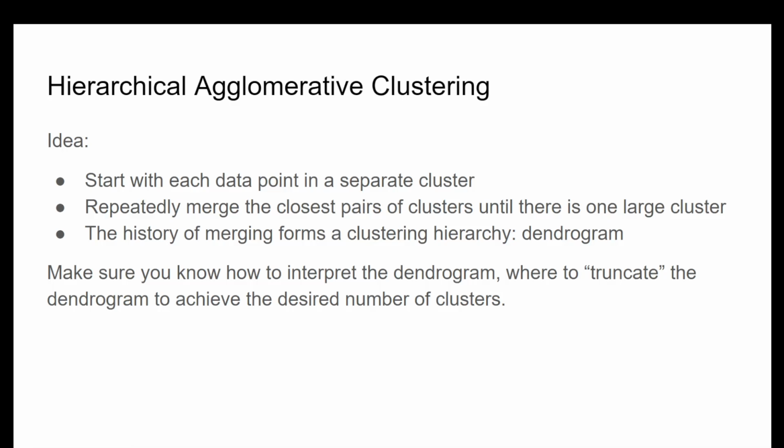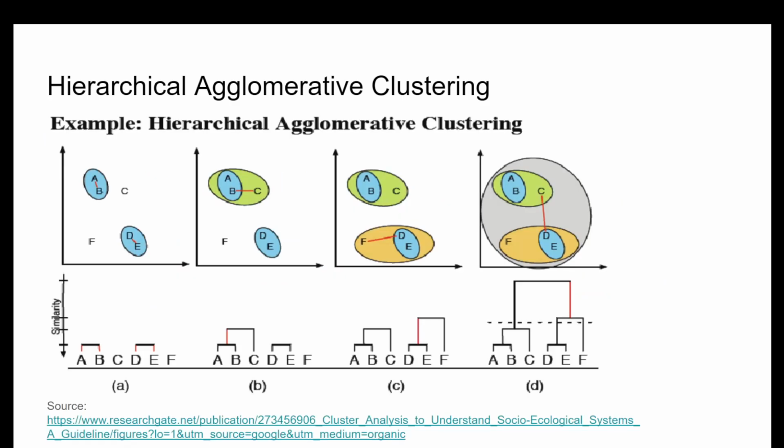The history of merging forms a clustering hierarchy called a dendrogram. Perhaps you have already understood how to interpret the dendrogram. You have to make sure that you know how to interpret that because it is very important. You have to know where to truncate the dendrogram to achieve the desired number of clusters. So this is basically the process.